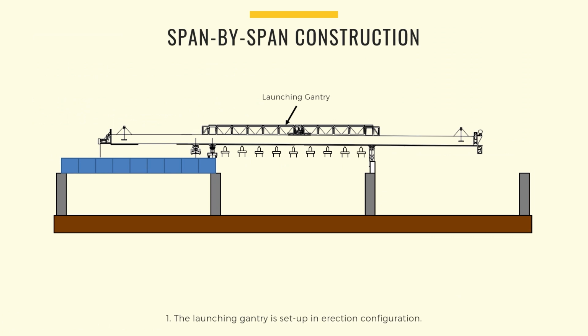The span-by-span construction method is usually carried out by first setting up a lifting gantry over the span under construction. The first segment, which is usually the rear segment, is delivered on site and is lifted. After lifting, it is then positioned on temporary bearings.